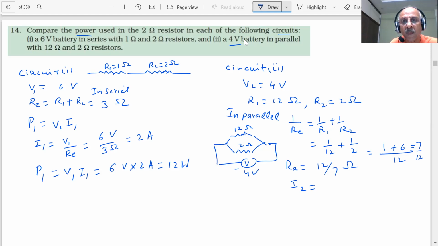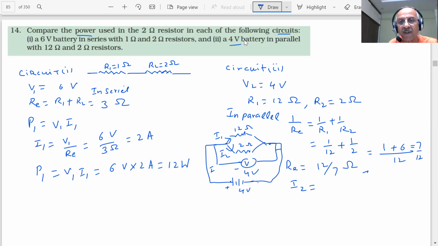Okay? Potential difference is 4 volt, student, but current gets divided into I1 and I2. He wants the current in the 2 ohm resistance. The effective resistance is not required here.